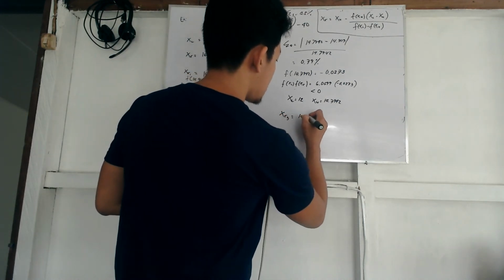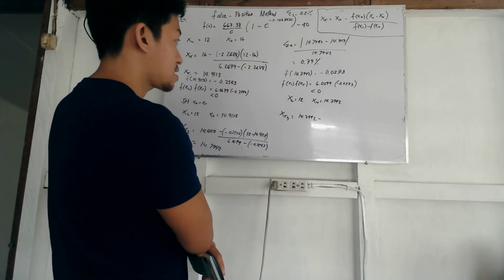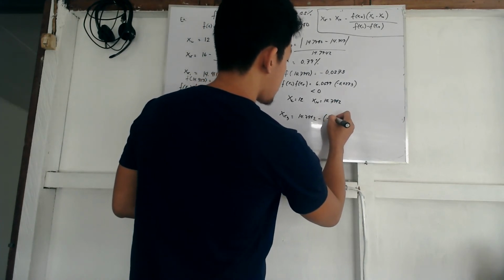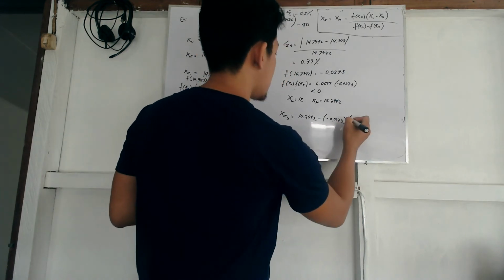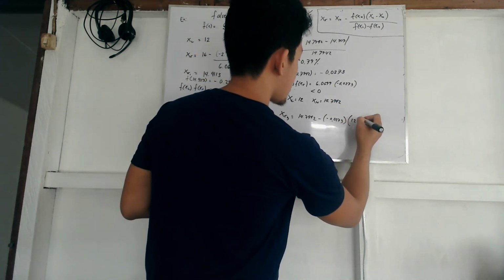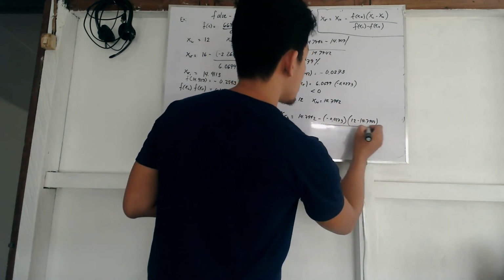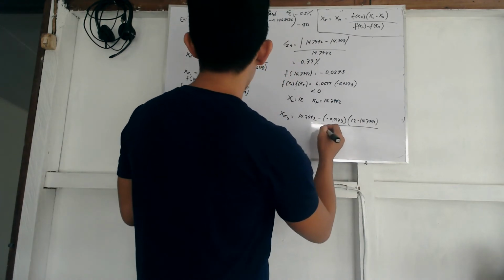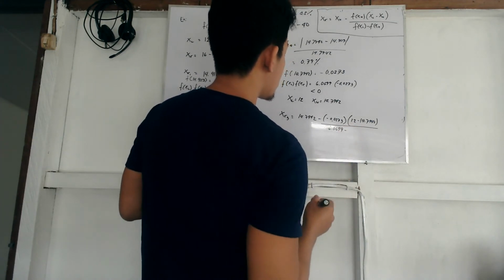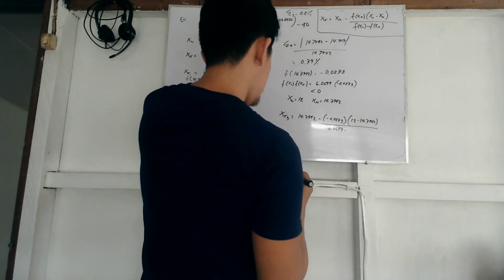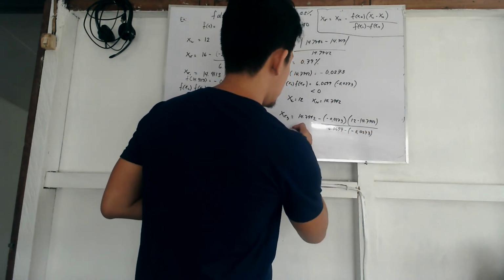You have minus negative 0.0273 times XL 12 minus 14.7942, divided by 6.0699 minus negative 0.0273.